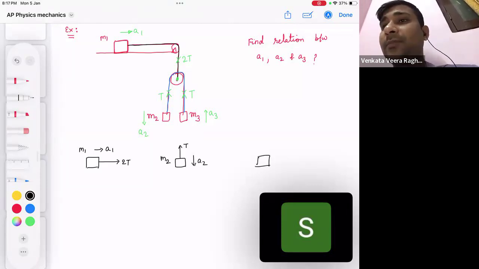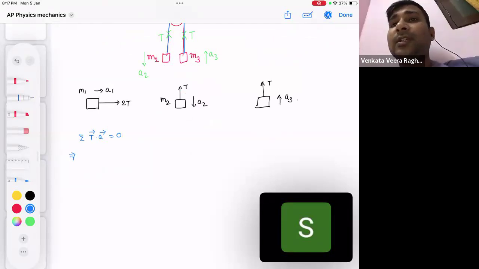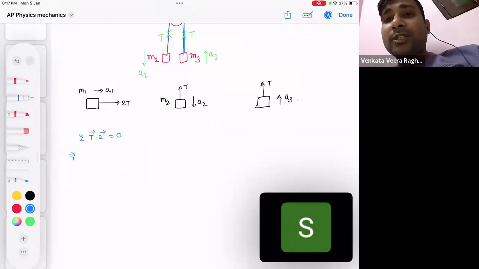And the M3 block: tension T upward, acceleration A3 also upward. Now we will write the summation of T dot A equal to 0. Tell me, for the block M1, what equation will you write?